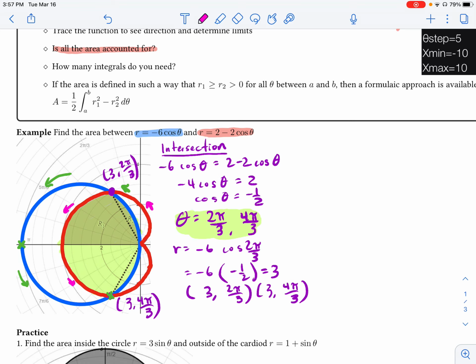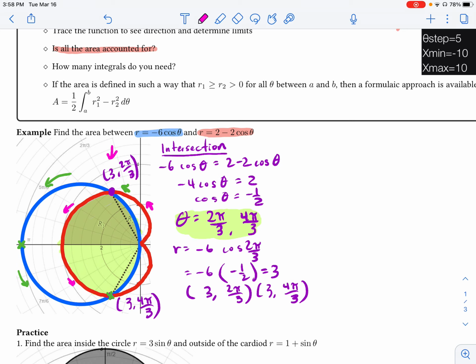You can also hit second trace and value, and put in something like 2 pi over 3, which we know is 120 degrees, and it'll place you right over here. If you then switch to the other graph, 2 pi over 3 also places you at the same point on the cardioid.